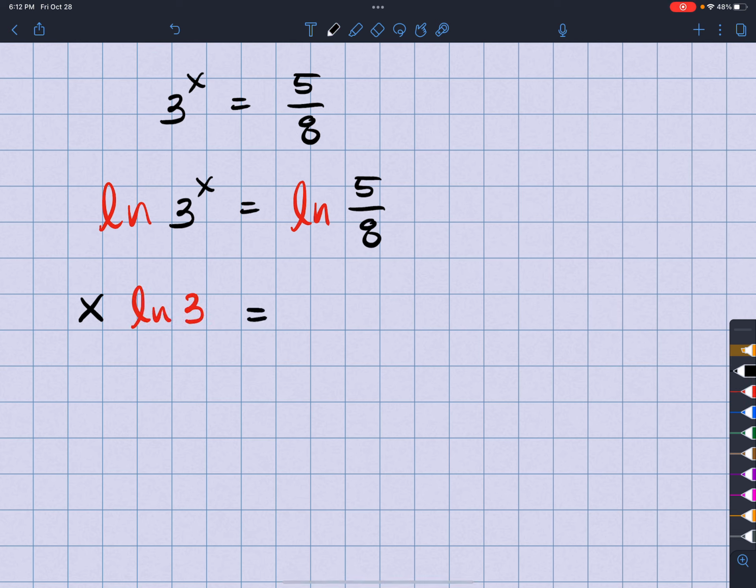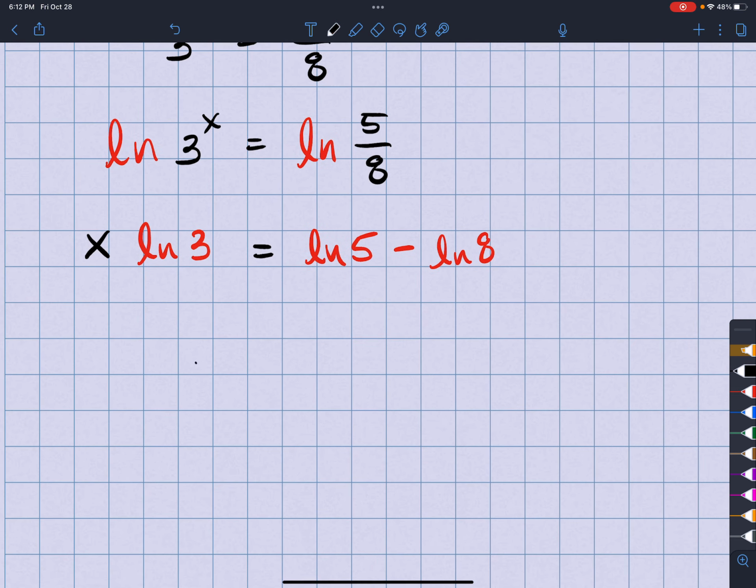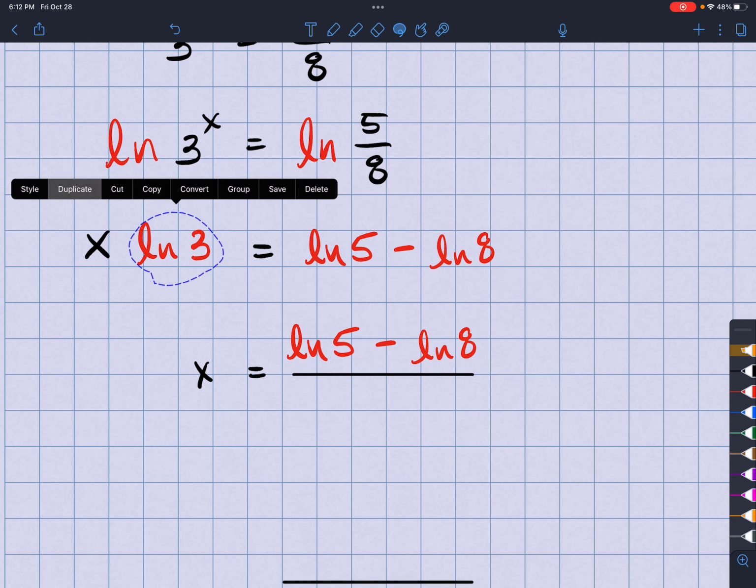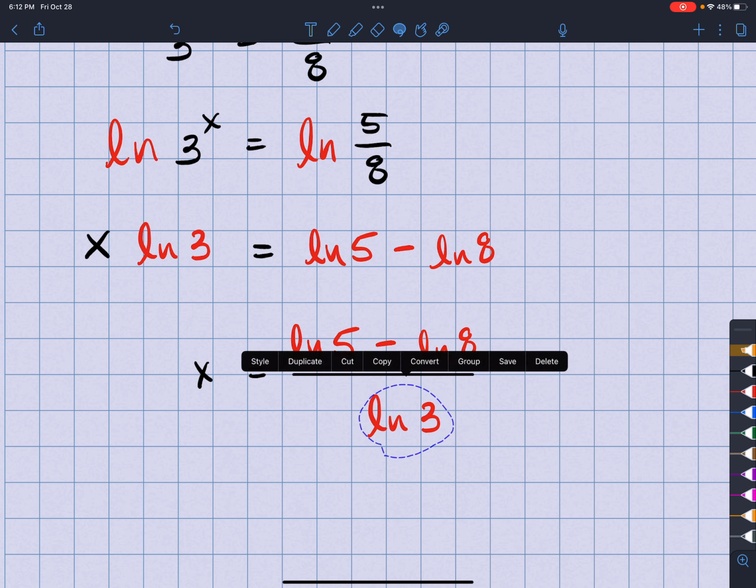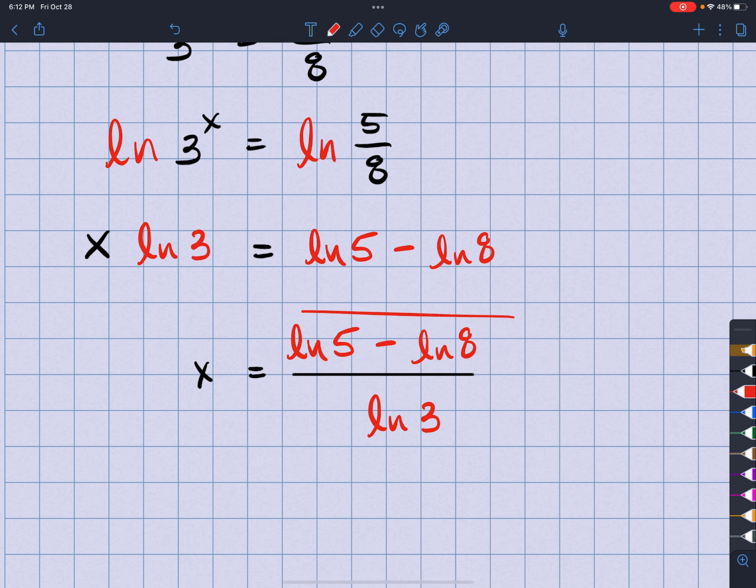And that's going to equal, well, what's going on the right side? It's division, right? So don't I really have an ln of 5 minus the ln of 8? I do. Then in order to get x, isn't x just equal to this right here divided by ln of 3? And this would be my exact answer.